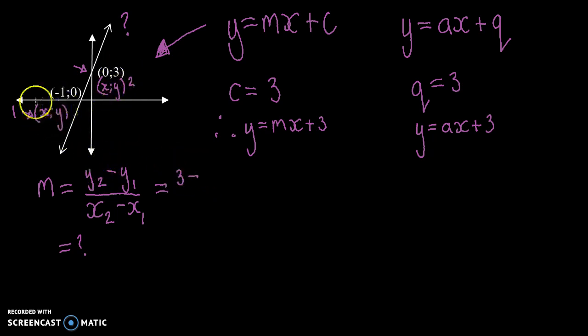My y value for point 1 is going to be 0. My x value for point 2 is going to be 0. And then this is interesting. My x value for point 1 is going to be -1, but we're subtracting -1, which means it becomes +1. So that means my gradient is going to be 3.